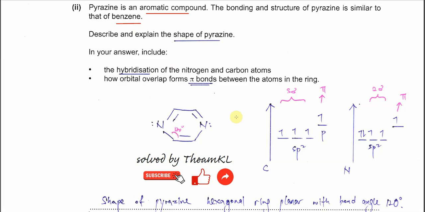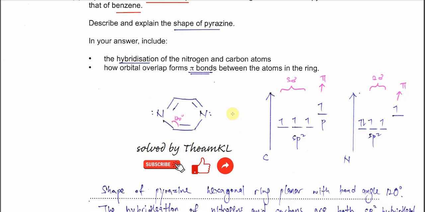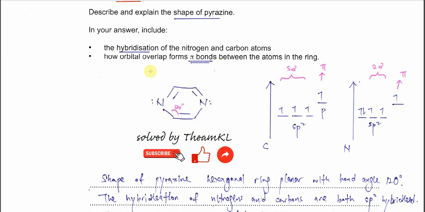Of course, you can use the type of bonds to identify. Let's start with the carbon because it's asking about hybridization. First it asks for the shape, then you need to mention the hybridization, and the last one, you need to mention how the pi bonds form between the atoms.